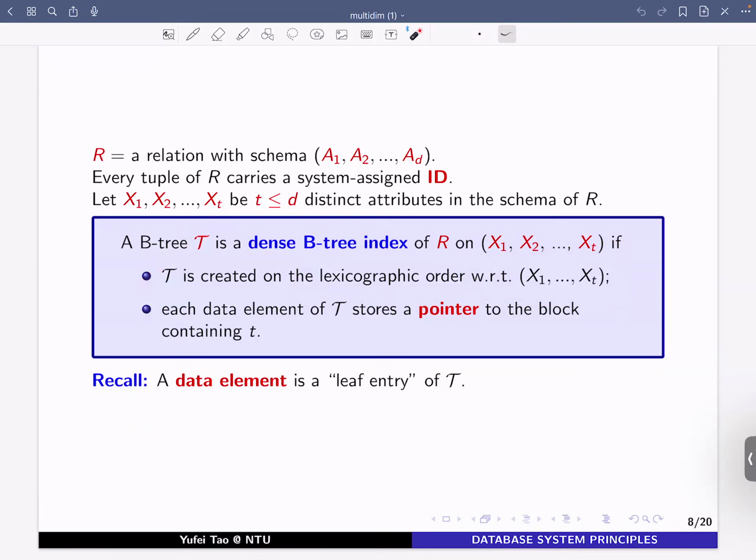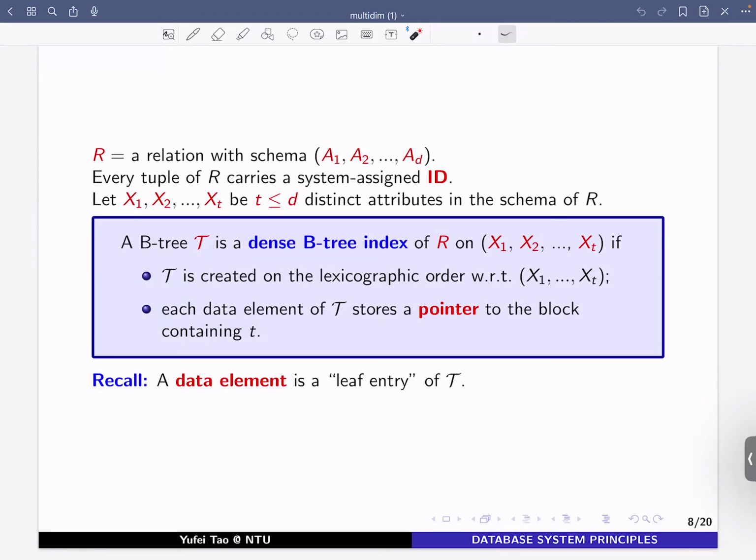The second bullet basically says, since this is an index, it's not just a data structure. Okay, so it's an index. You have to store pointers from the leaf entries to the corresponding tuples. More specifically, you have to remember the address of the block containing the corresponding tuple. Everything sounds familiar, right?